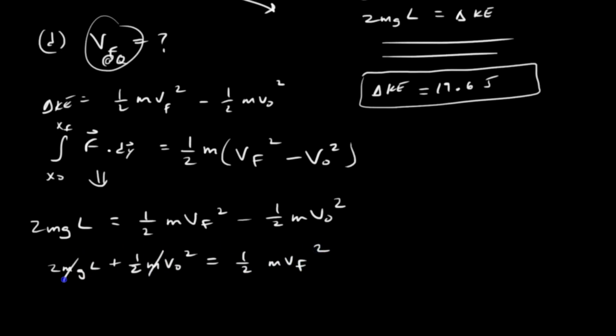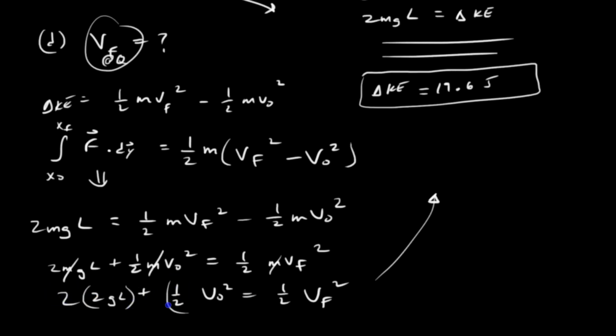Notice that all the masses cancel out as well. So we're left with 2gl plus 1/2 v0 squared equals 1/2 vf squared. I'm going to multiply everything by 2 to get rid of the fraction.